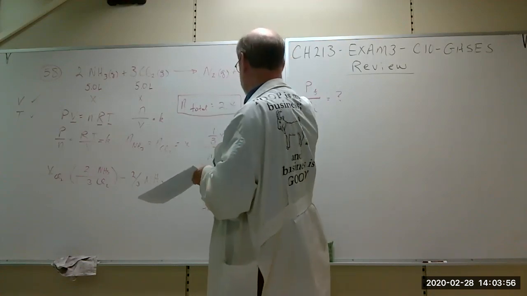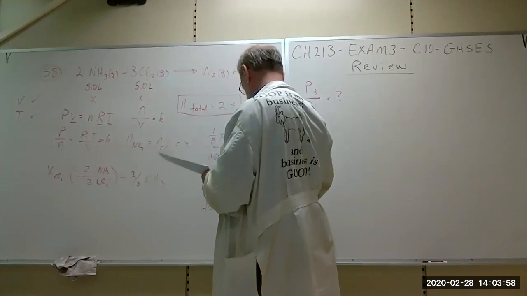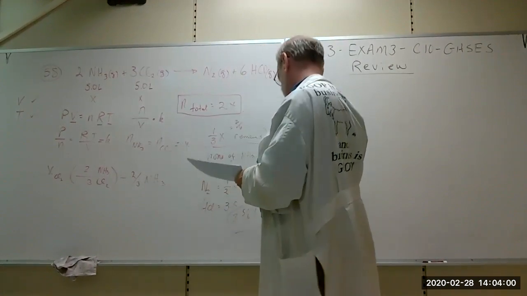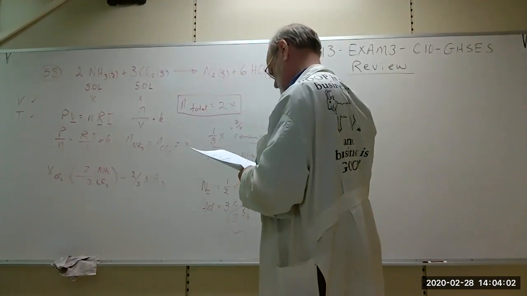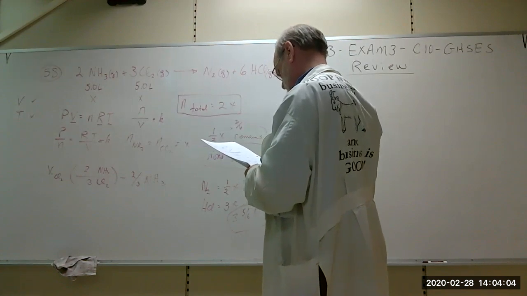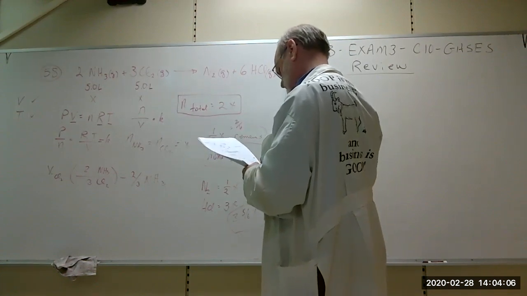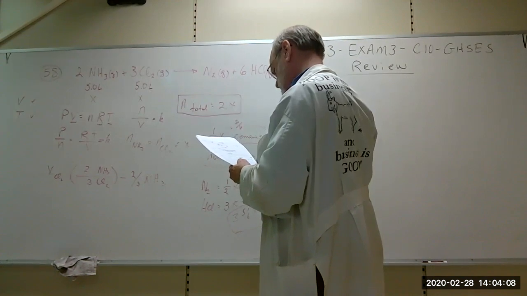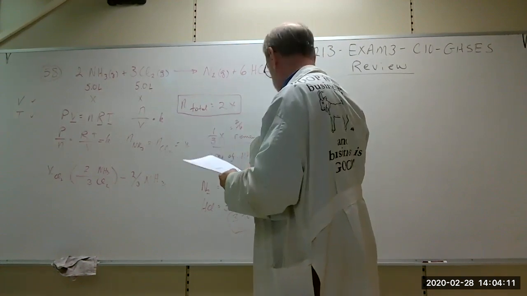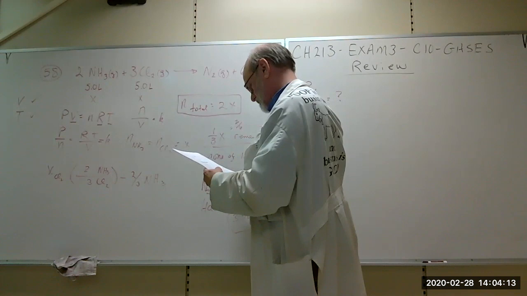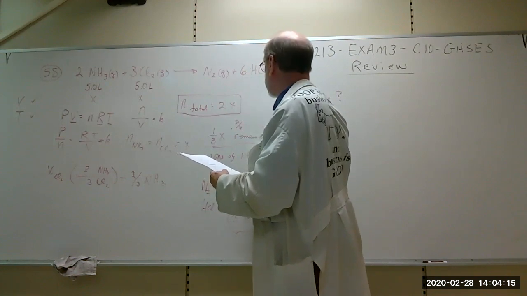So the initial was 2X, and the final was 3 and, did I do that right? No, I didn't. 1/3 x.